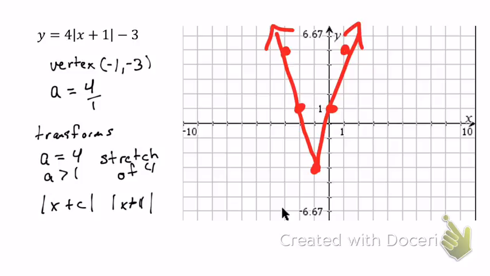And like we had discussed, plus c means it's going to go to the left, whatever c is, and so in this case it's going to go left 1 space. Our final item is that we have minus 3 at the tail end, so we know if it's minus d, that means it's going to go down d units, so down 3 units in this case.